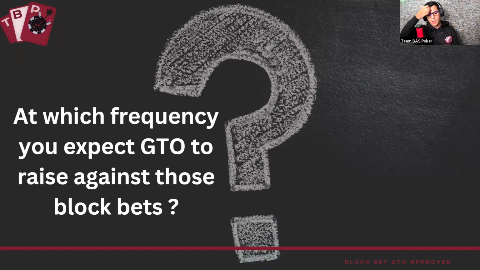So when the GTO is going to do this block bet at the big blind with two big blind bets, at which frequency do you expect the GTO to raise against it? And this is a question to everyone. You can unmute yourself and talk, or write it in the chat. Both options are fine. I will give you maybe 1 minute to do this.